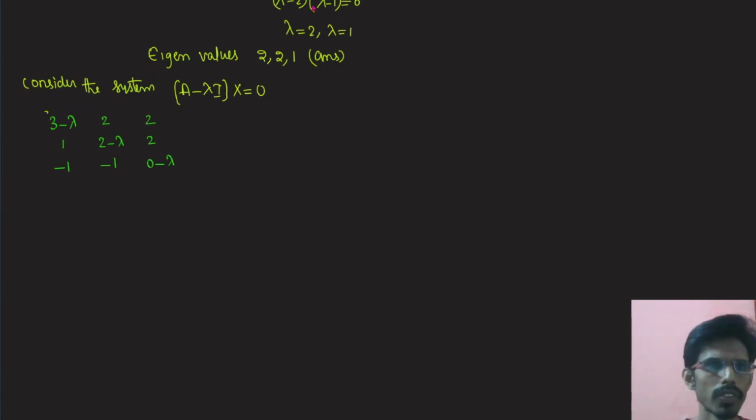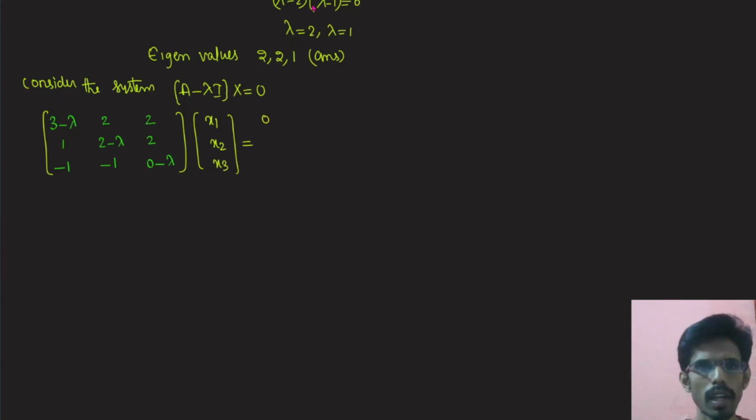So we got (A minus lambda I) into capital X, which is [x1, x2, x3], equal to the null matrix. Let us take this as equation 1.